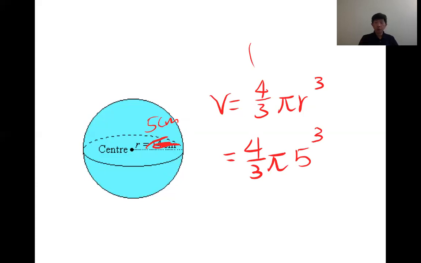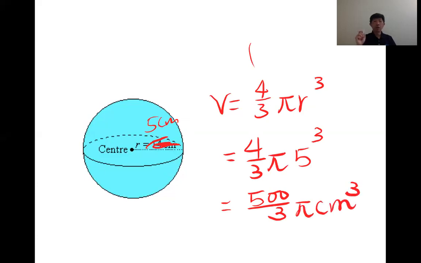So 4/3 pi times 5 cubed, multiplied together, I get 500 over 3 pi centimeter cube. This is how we find the surface area and the volume for a sphere.